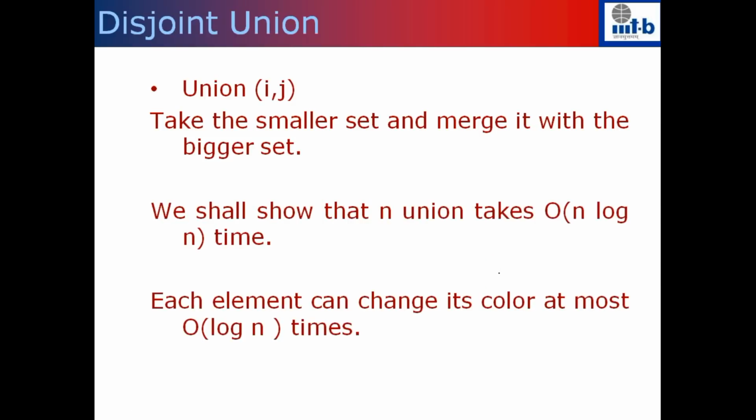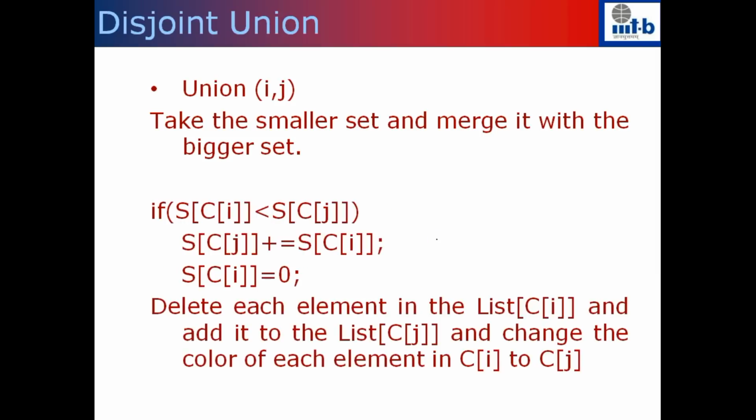What we are going to show is that n unions put together will take n log n time. Instead of asking how many color changes we are doing, the number of color changes is exactly the total complexity of n unions. Every time you do a union, you change the color of the smaller set into the color of the bigger set and take that element from the list of C of i and add it to the list of C of j.